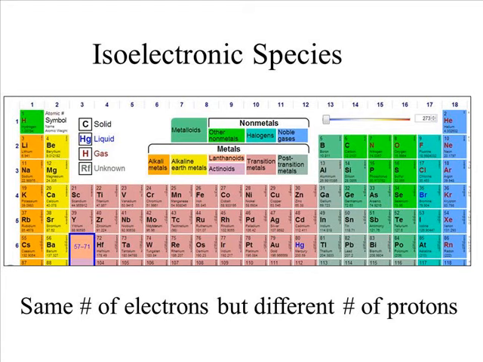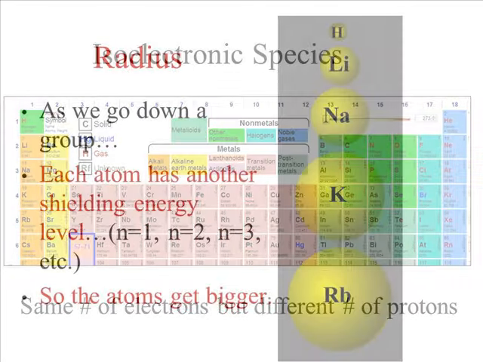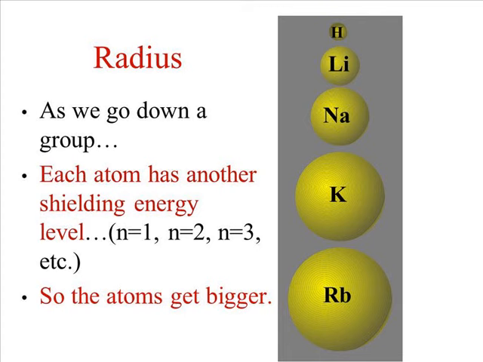Atomic radius, ionization energy. When you have the same electron configuration but different protons, use some common sense. The more protons, the tighter the electrons would be held, the more difficult to remove them, and so on. Radius, as you go down, your primary factor is an entirely different energy level, okay?